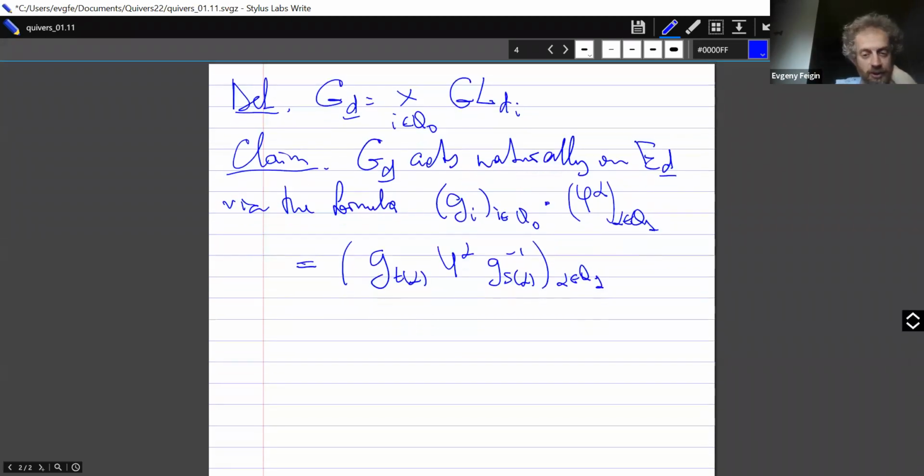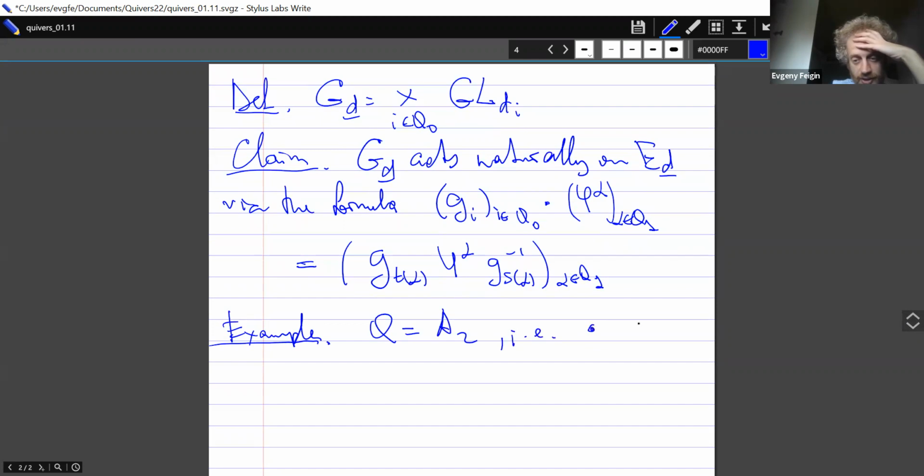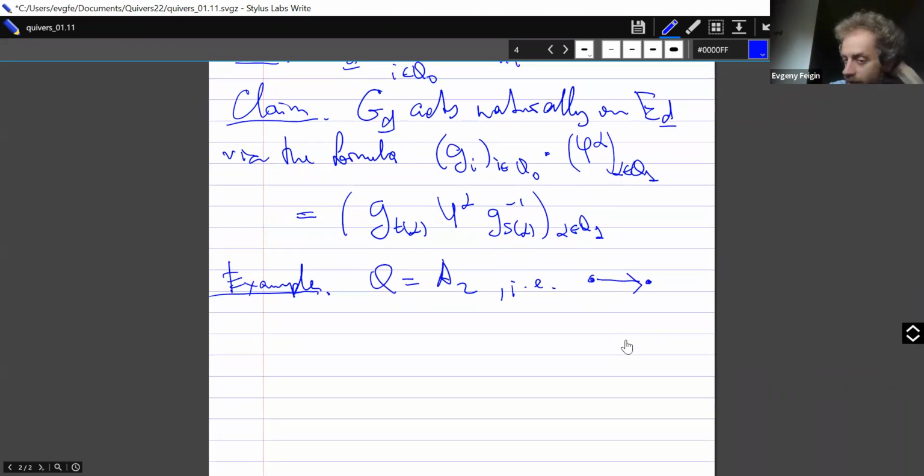Let me give you an example. Suppose our Q is just the A2 quiver, meaning that we have two vertices and one arrow. And now we have d, which is (d1, d2).